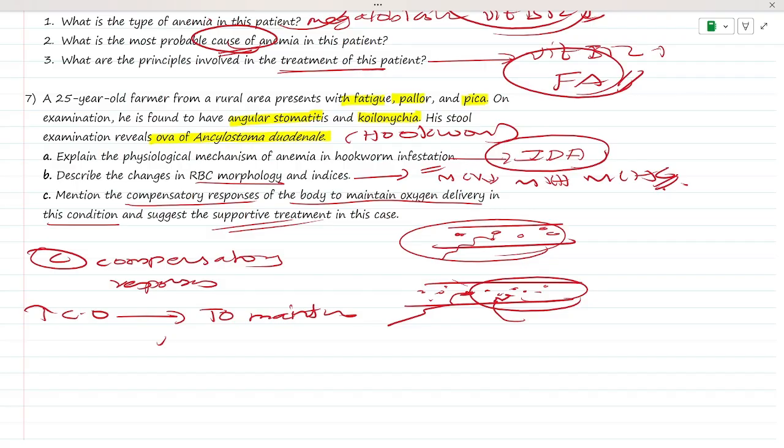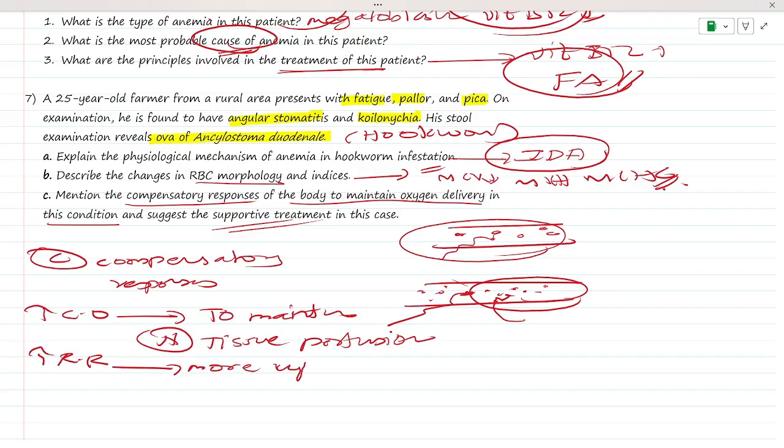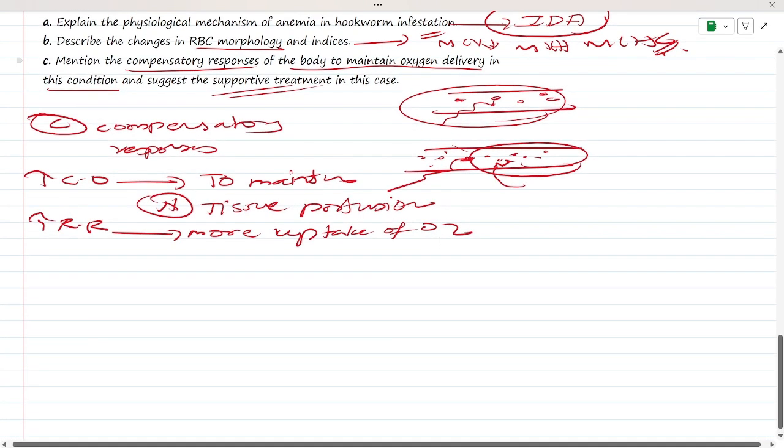To maintain normal tissue perfusion. And there will be increased respiratory rate. Why is there increased respiratory rate? For more uptake of oxygen.